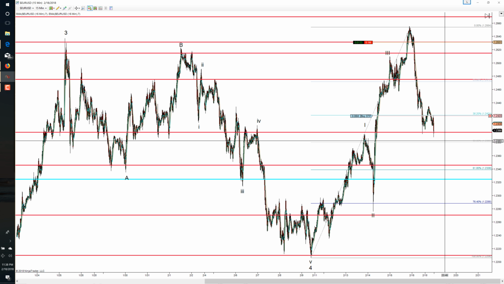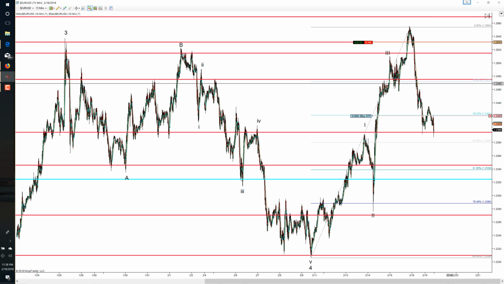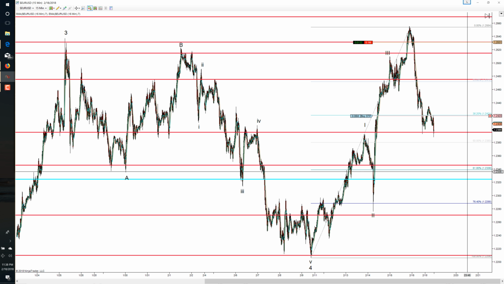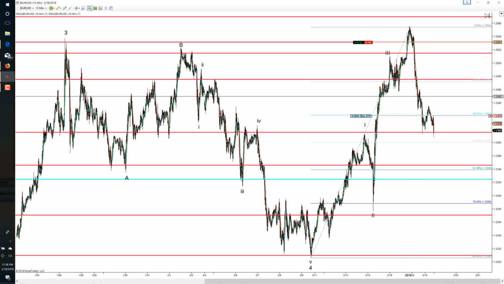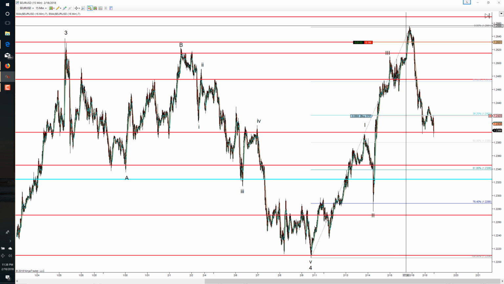If price finds support here and it continues up, this can be A of 2. You can have B of 2 come back up, and then wave C of 2 could end around 123.40. If price continues lower and it breaks 123.25, more than likely this is a top.